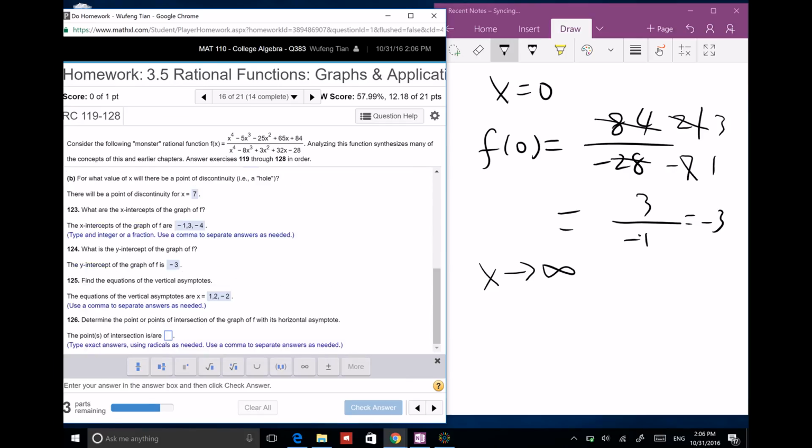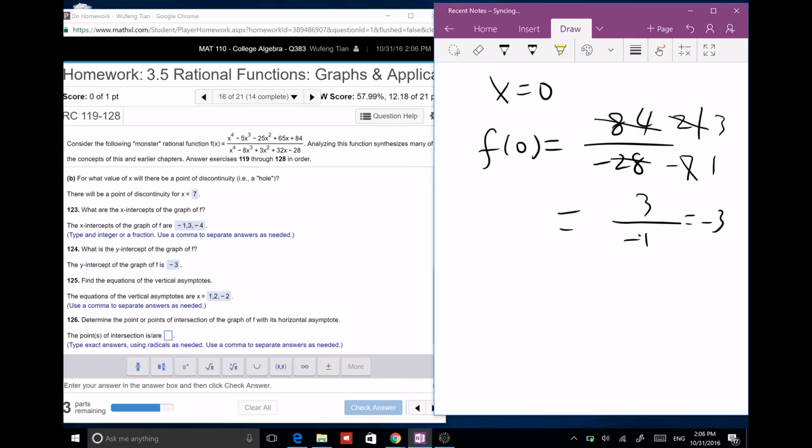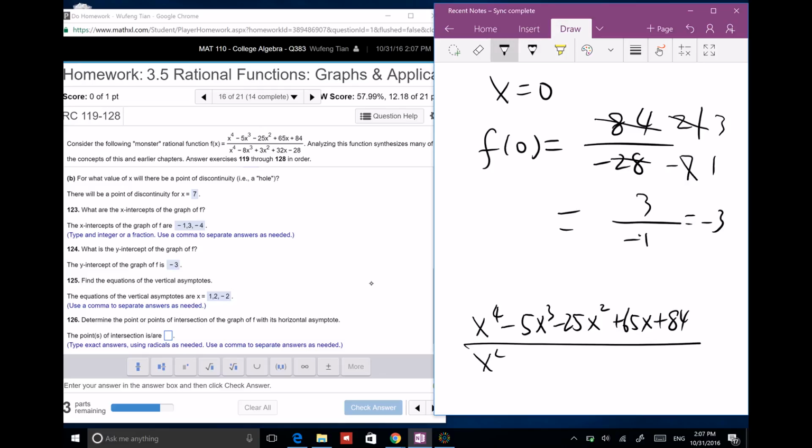So basically you need to solve x^4 minus 5x cubed minus 25x squared plus 65x plus 84 equals x^4 minus 8x cubed plus 3x squared plus 32x minus 28, because you divide the whole thing, which equals 1. This is what they ask you for.